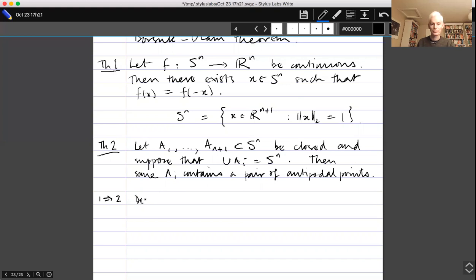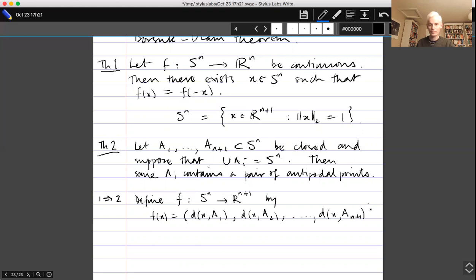Define a function f from S^n to R^(n+1), which is not quite what we want. And that's something that, again, I didn't quite spot earlier on. We'll take f(x) to be the distance from x to A_1, the distance from x to A_2, and so on, up to the distance from x to A_(n+1).